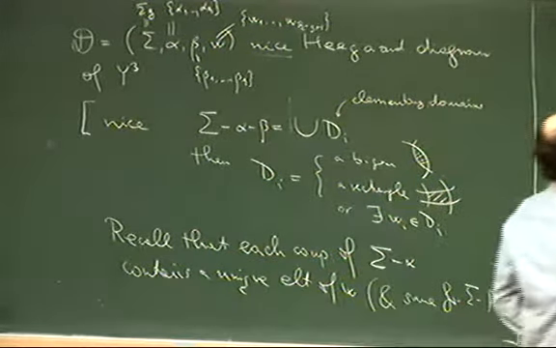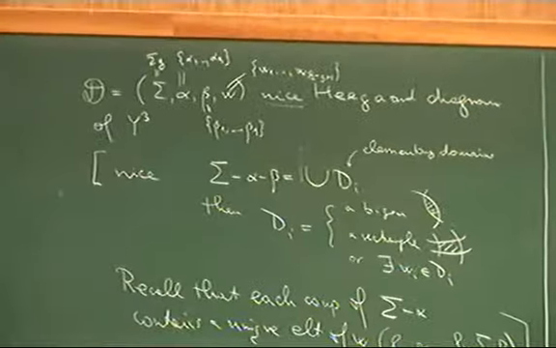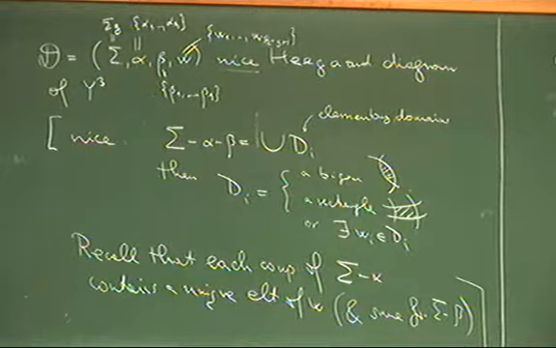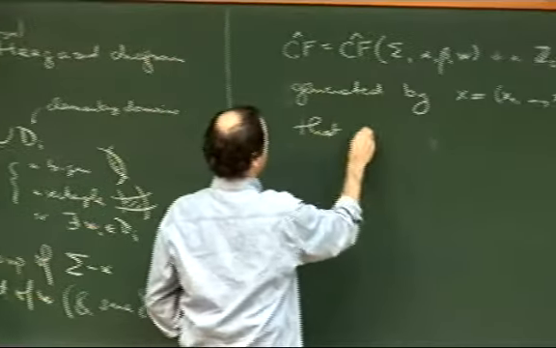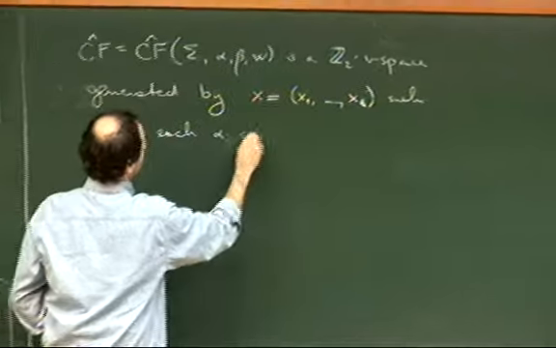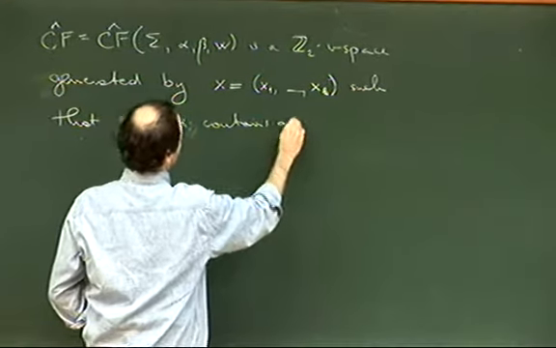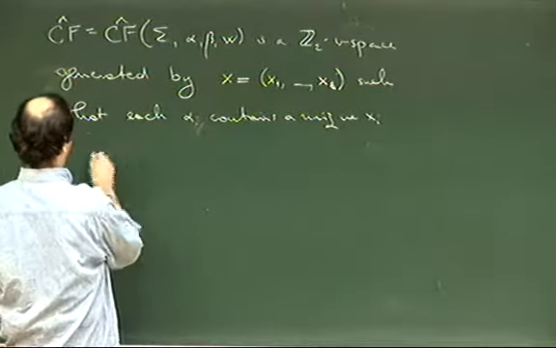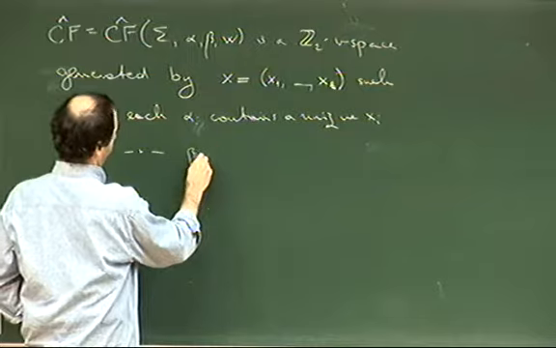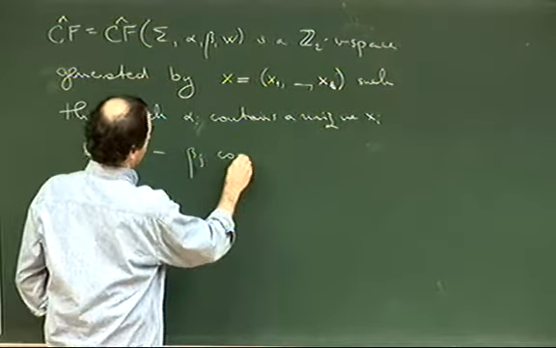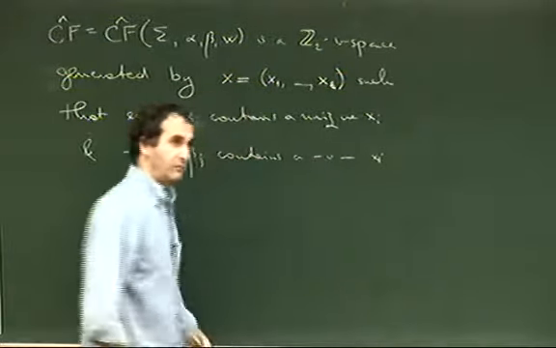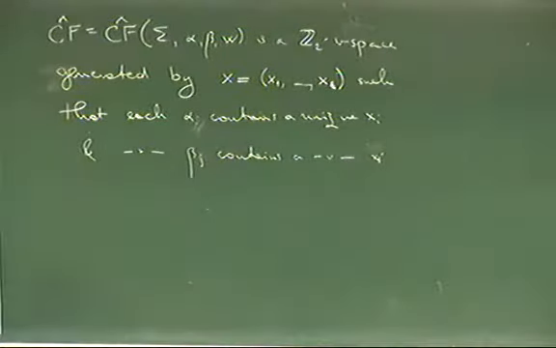Okay, so the generators are such that each alpha_i contains a unique x_i, and each beta_j contains a unique x_j. So we take one coordinate from every alpha and one coordinate from every beta curve.